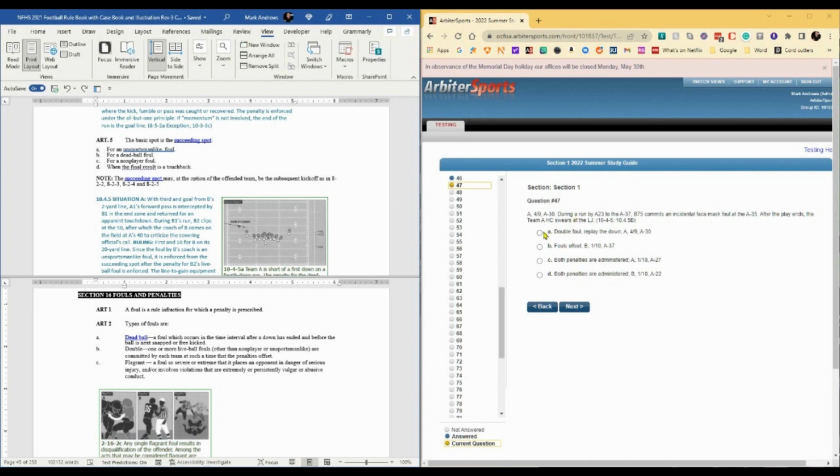And by the way, it wouldn't have mattered, a double foul is defined right here. One or more live ball fouls other than non-player or unsportsmanlike are committed by each team at such a time that the penalty is offset. So even if the unsportsmanlike conduct had occurred during the play, we still would not have a double foul. Okay?